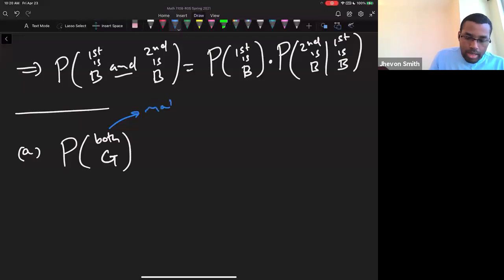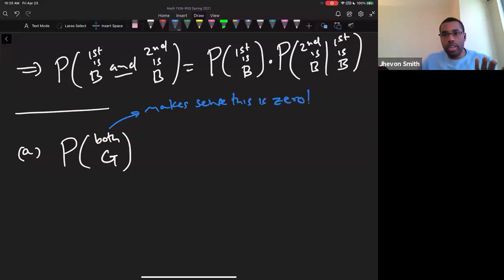It makes sense this is 0, right? Why? Because there's only one green and you're not replacing it, which means if you pick the green, it's now removed from the box. What is the probability that you're going to pick a green again to get 2 greens? Well, 0. There aren't two greens. It's impossible to pick two greens, right? The probability should be 0.